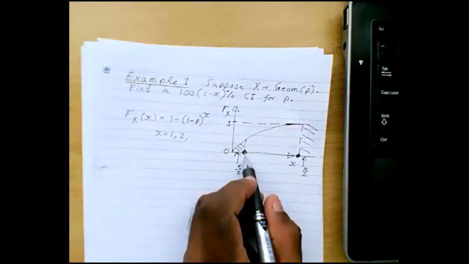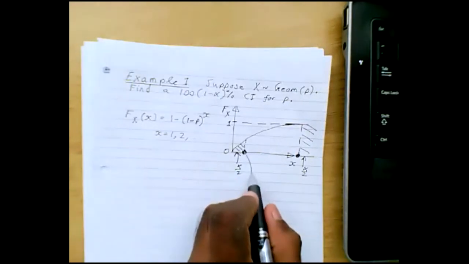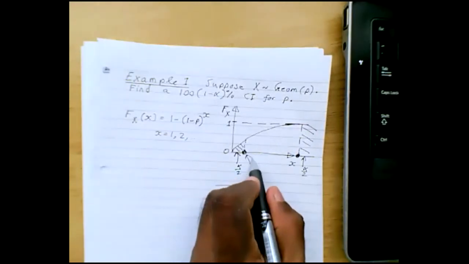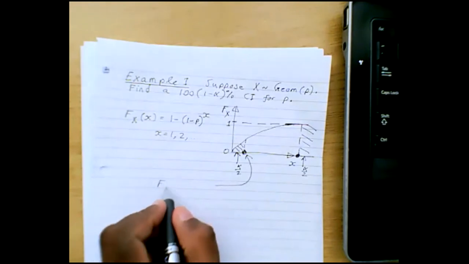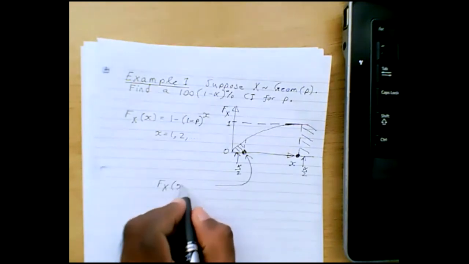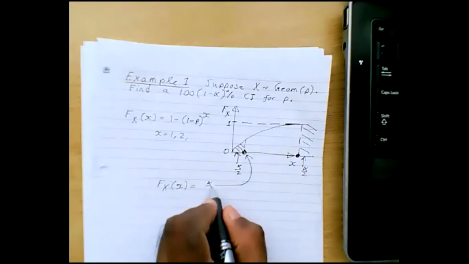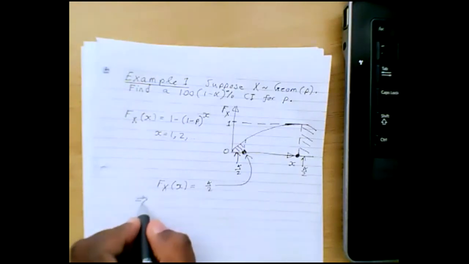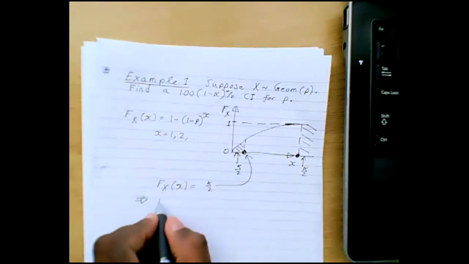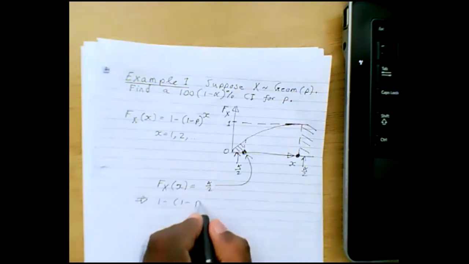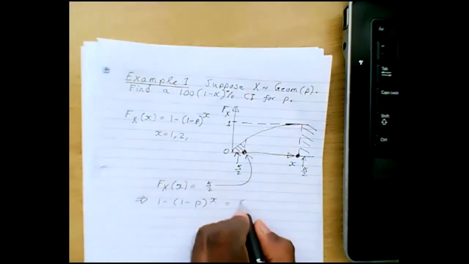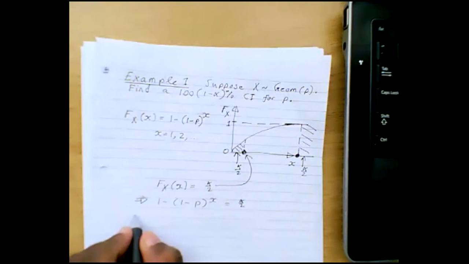Now, to figure out the coordinate of this point, I'm going to solve the equation that the CDF is equal to alpha by 2, which implies that 1 minus (1 minus p) power x is equal to alpha by 2.